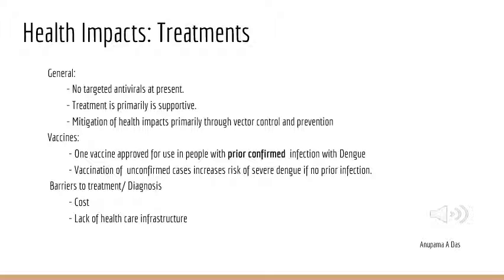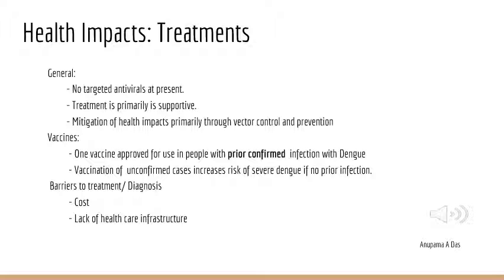Treatment is primarily supportive, and any mitigation of health impacts primarily occurs through vector control or prevention of infection by other measures. There is currently 1 vaccine that's been approved for use in people who have had a prior confirmed infection with dengue.